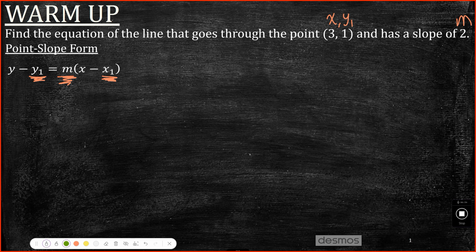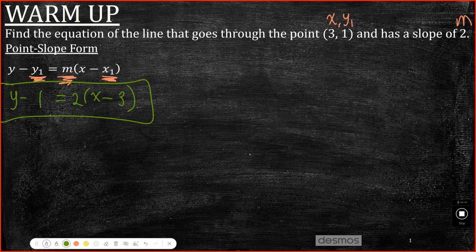So all you have to do is plug that info in. x1 is 3, y1 is 1, and the slope is 2. And with this, you're done. This equation describes the line that goes through the point (3, 1) and has a slope of 2.